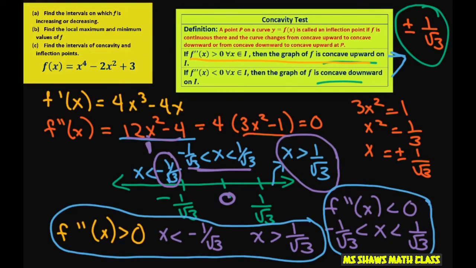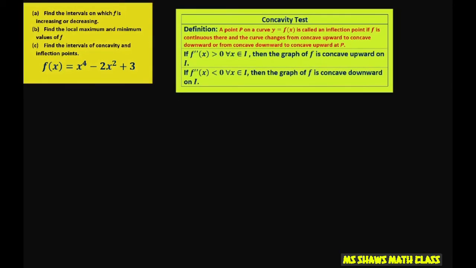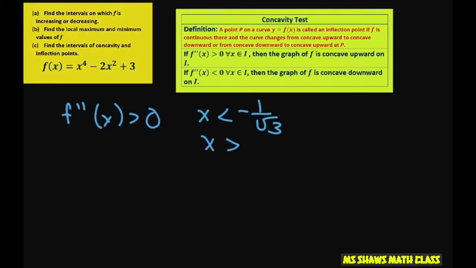So let's write it again on the next page. So we have f double prime of x is positive when x is less than negative 1 divided by square root of 3, and also when x is greater than 1 divided by square root of 3. So I just want to write this out. Concave up.